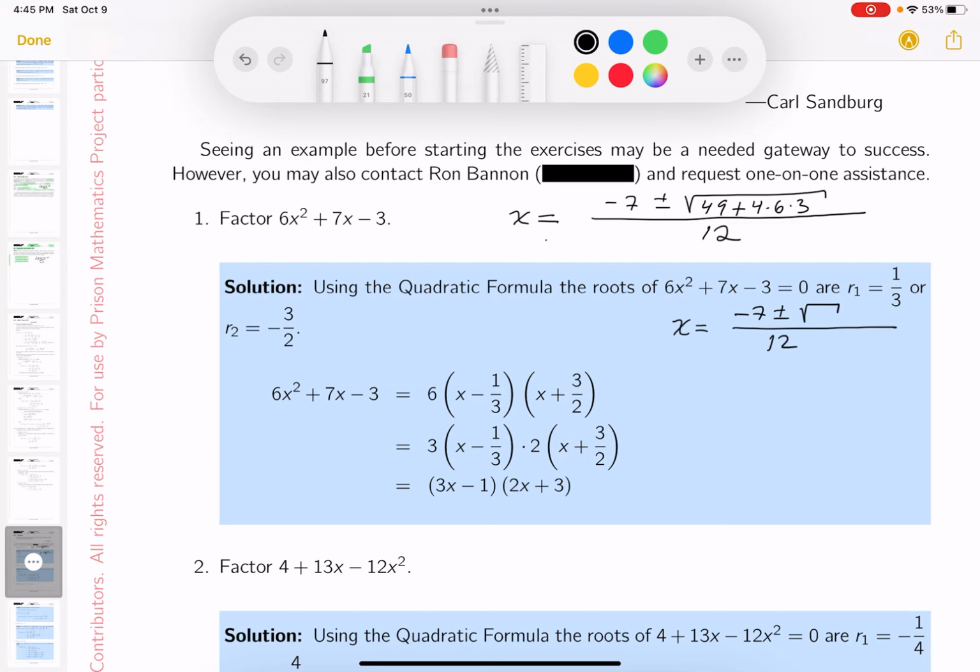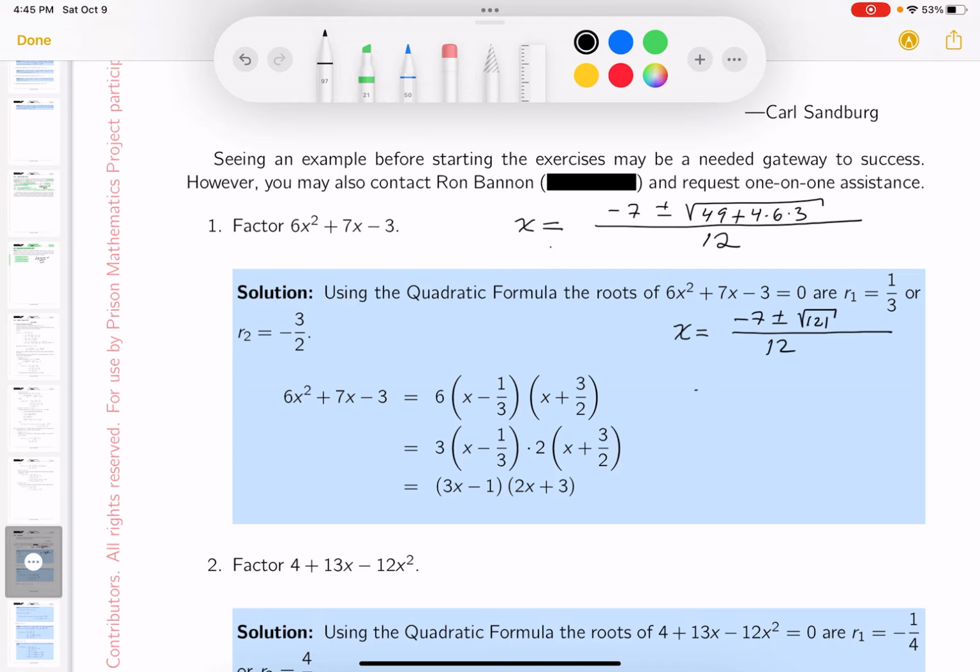It's 49. And what do you get there? Let's take a look at that. That's pretty complicated, isn't it? 4 times 6 is 24. 24 times 3 is going to be 60 and 12, 72. 72 and 9, 81, 121.